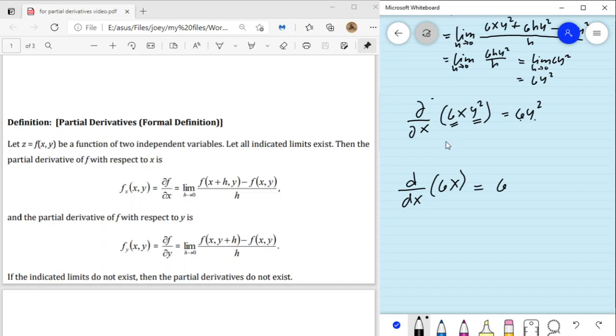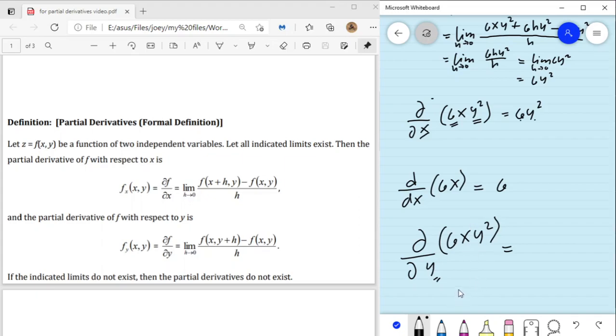Okay, we can actually find that out by applying it to other examples. That is, if we are deriving with respect to x, we treat all variables other than x as constants. So if we derive this same expression, 6xy squared, with respect to y this time, then we treat x as a constant.